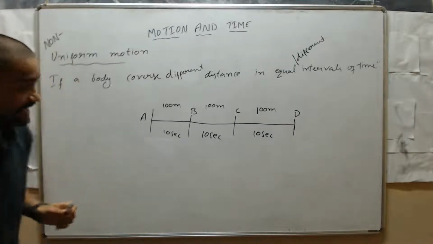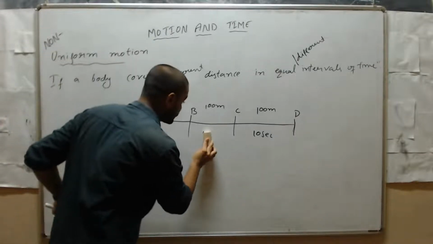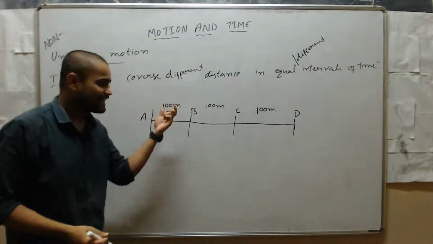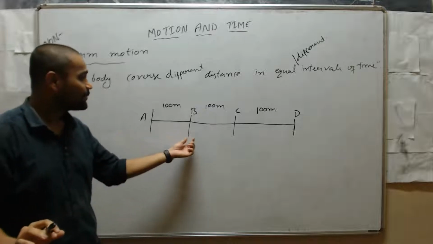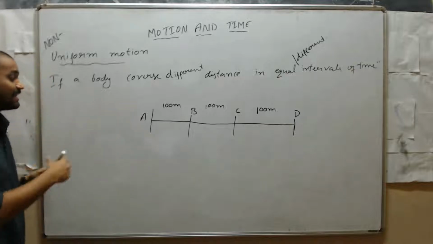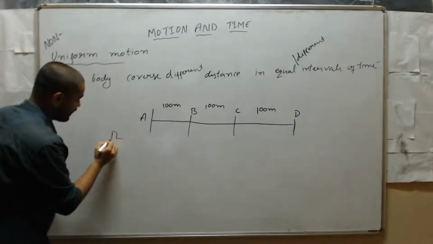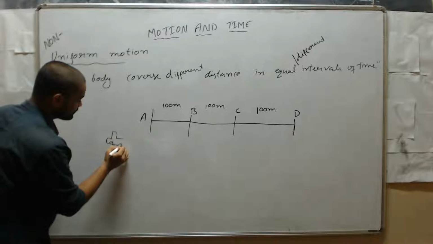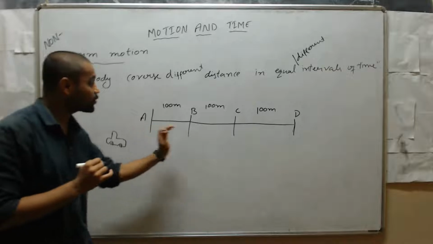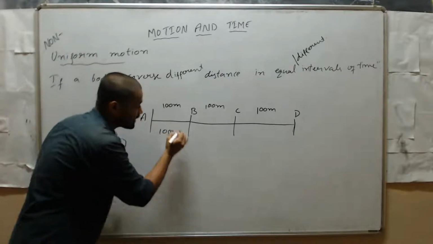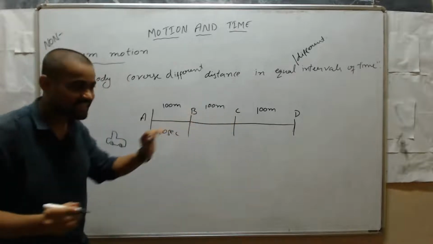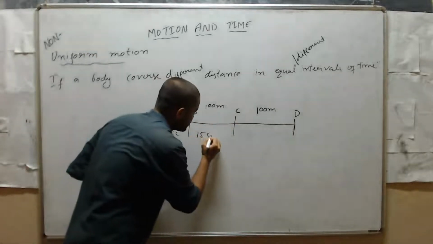How, sir? Now I will explain here. See this example. From A to B is 100 meters, B to C is 100 and C to D is 100. Suppose it is a different car. This car takes 10 seconds to travel from A to B. From B to C it takes 15 seconds.